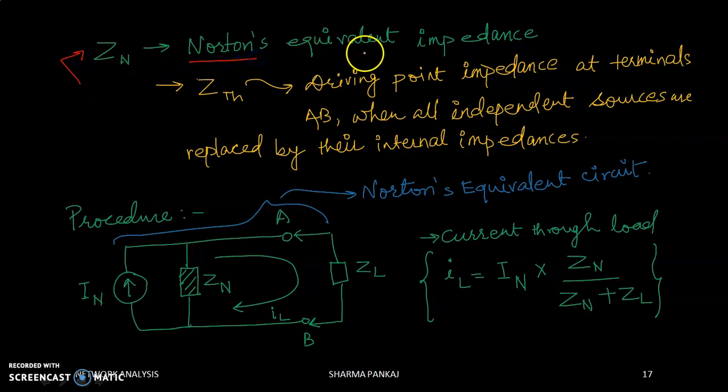Now Zn is the Norton's equivalent impedance. It is actually analogous to ZTH. What is this?